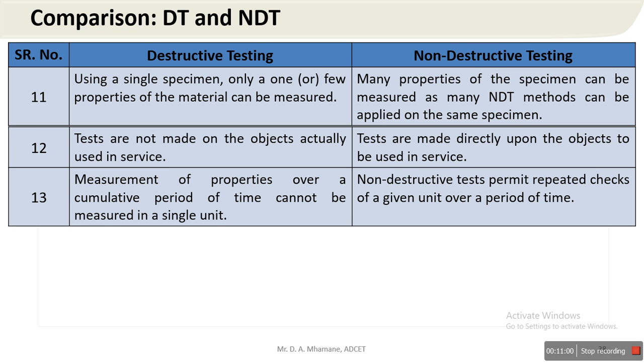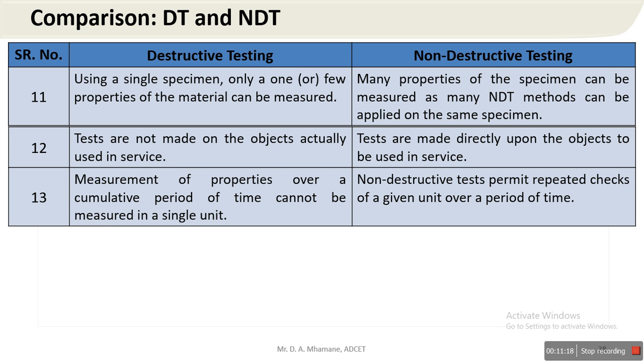So next difference, or we can say comparison. Measurement of properties over a cumulative period of time cannot be measured in a single unit. In non-destructive testing, a non-destructive test permits repeated checks of a given unit over a period of time.